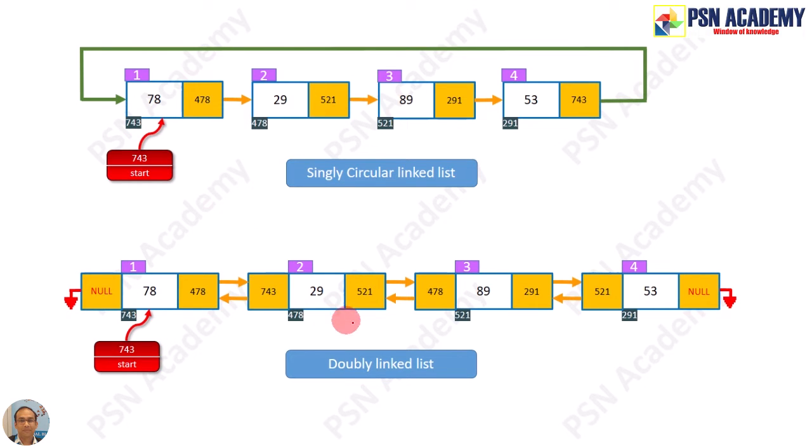Now look at the doubly linked list here. In this doubly linked list, you have prev pointer as well as next pointer. So at the last node at 291, you see the next pointer is pointing to null, and in the first node, you see that the prev pointer is pointing to null.